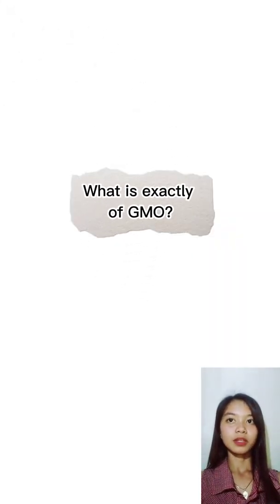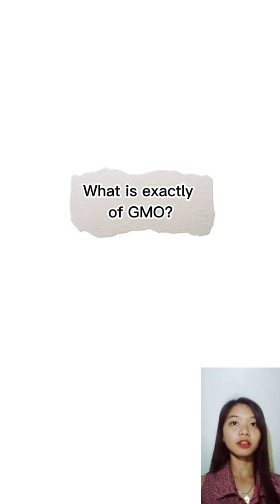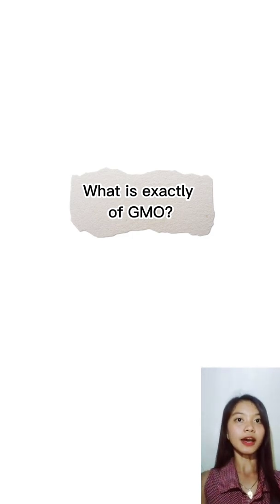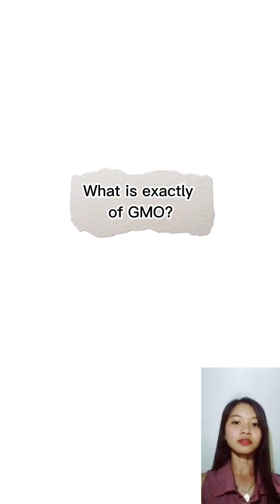What exactly is GMO? Genetically modified organisms are living organisms whose genetic material has been artificially manipulated in a laboratory through genetic engineering. This creates combinations of plant, animal, bacteria, and virus genes that do not occur in nature or through traditional crossbreeding methods.